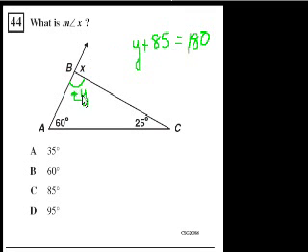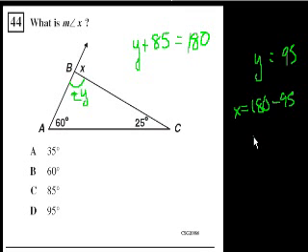Now, we also know that y plus x is 180, and we could figure out y right now. You could subtract 85 from both sides, and you would get y is equal to 95, right? And then we could figure out x from y, because x is the supplement of y. So then you could say, oh, x is equal to 180 minus 95, and then you'd get 85. And that would be fine. That didn't take you too long. C is the answer.